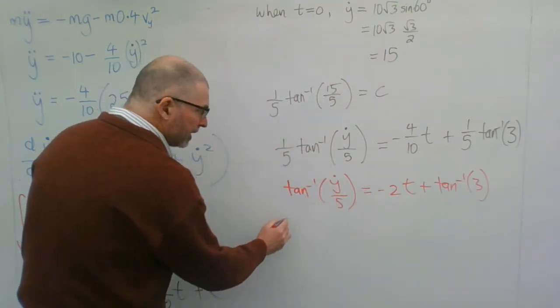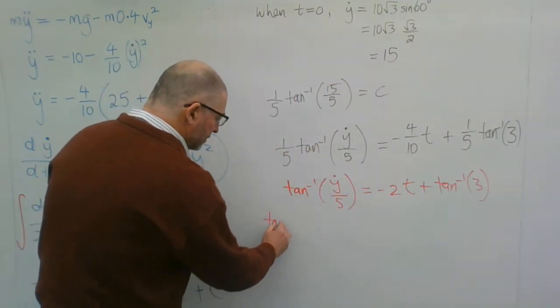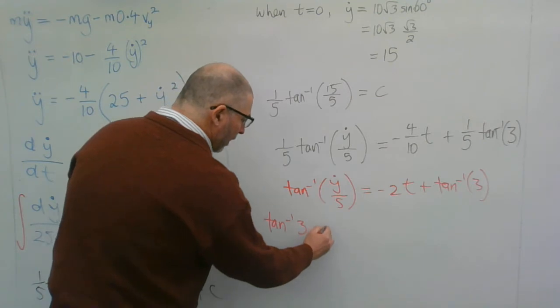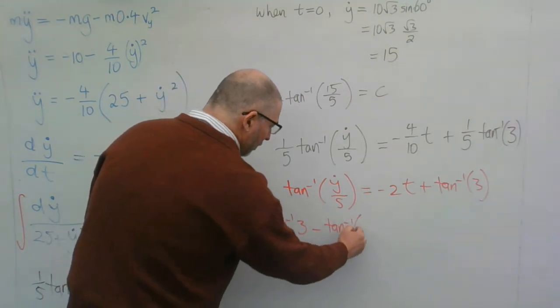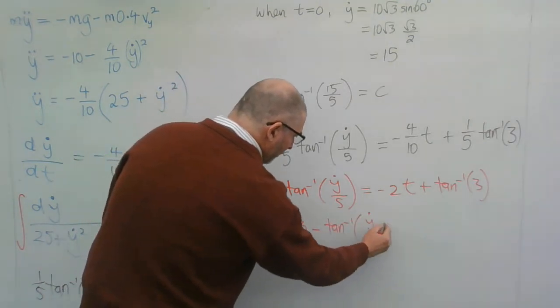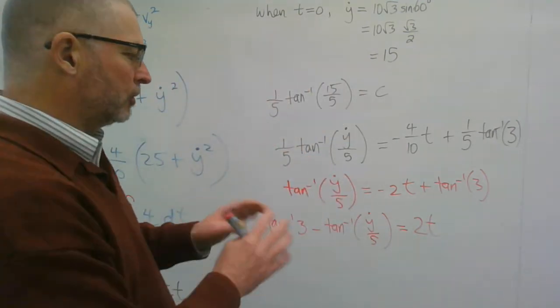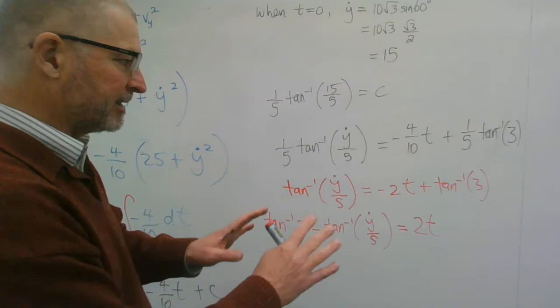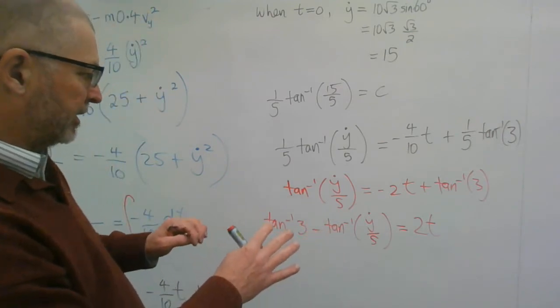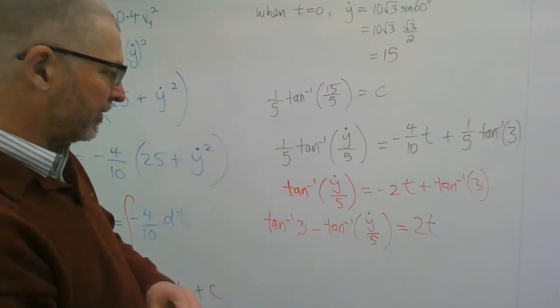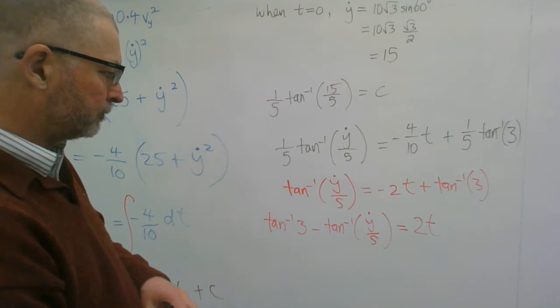And this would really be inverse tan of 3 minus inverse tan of y dot on 5 equals 2t, if I got the 2t by itself over on that right-hand side, and I times everything by -1 to sort out the negatives that were going on.